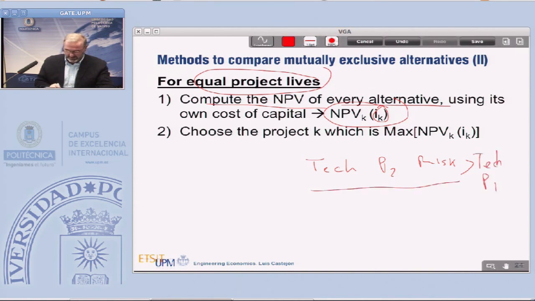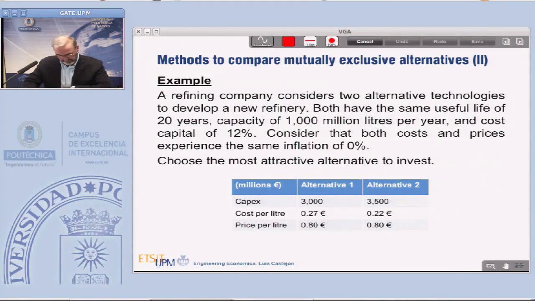So the cost of capital of project 2 will be higher than that of project 1 because it has higher risk. And then the rule is: choose the project with maximum net present value. Clear, no?